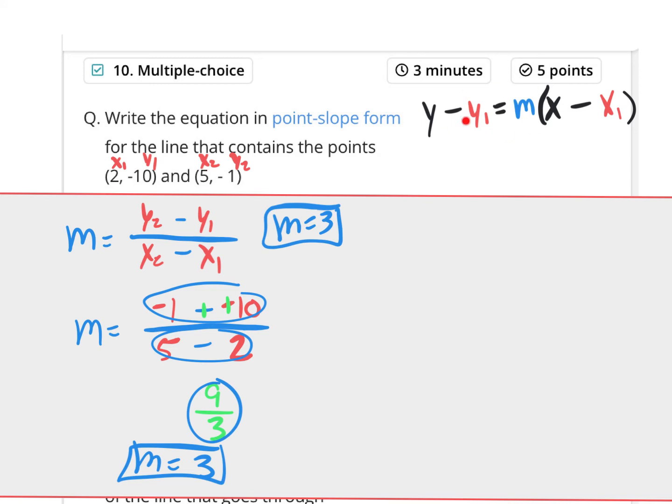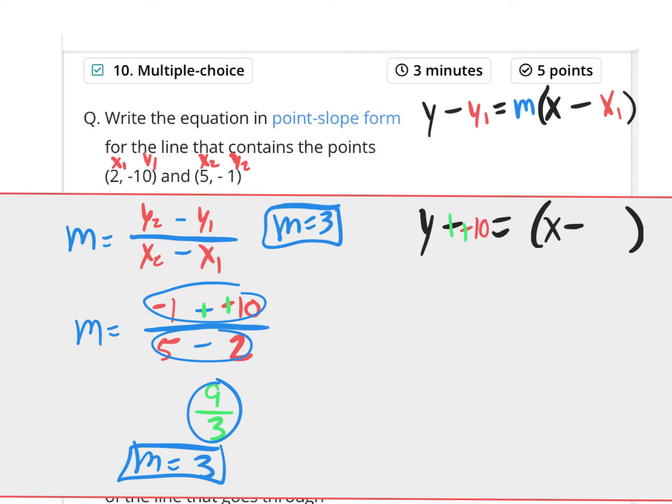So let's use this point-slope form but rewrite it with blank spots. Y minus blank spot equals blank spot times x minus blank spot. Instead of y1, we're gonna plug in the y1 of negative 10 right here. So that'll be a negative 10, and of course the minus minus will change to plus plus.